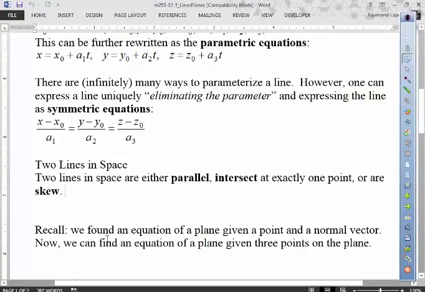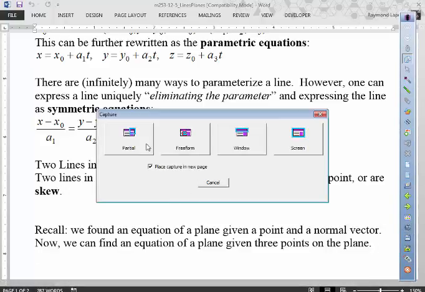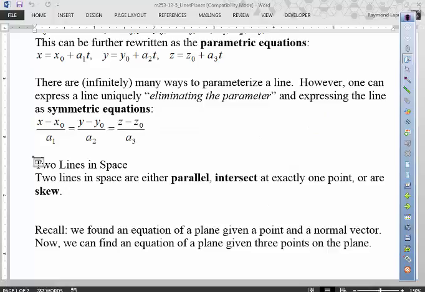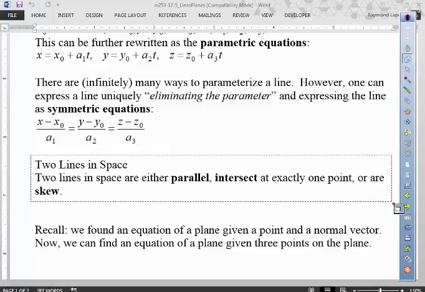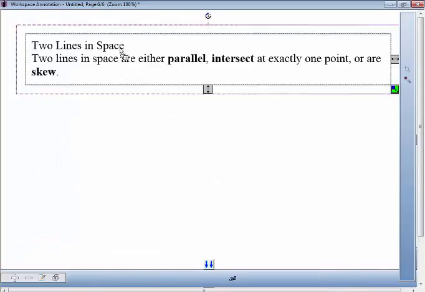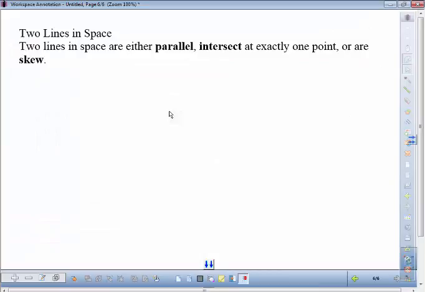Skew, 2 lines in space. All right. So back in Algebra 2, or wherever you learned this, maybe it was even in Algebra 1, if you have two equations of lines, two lines, then they follow one of three things.